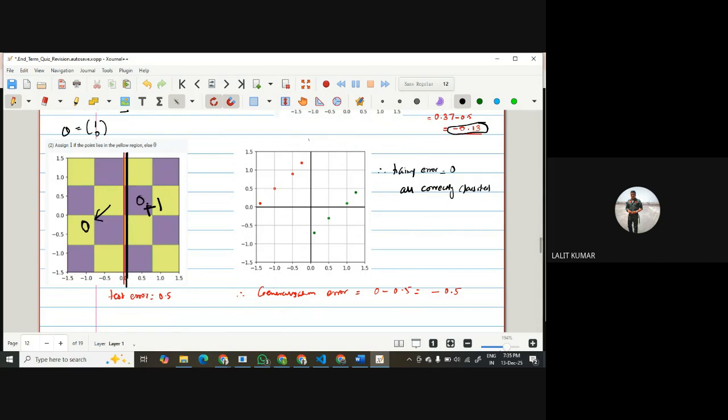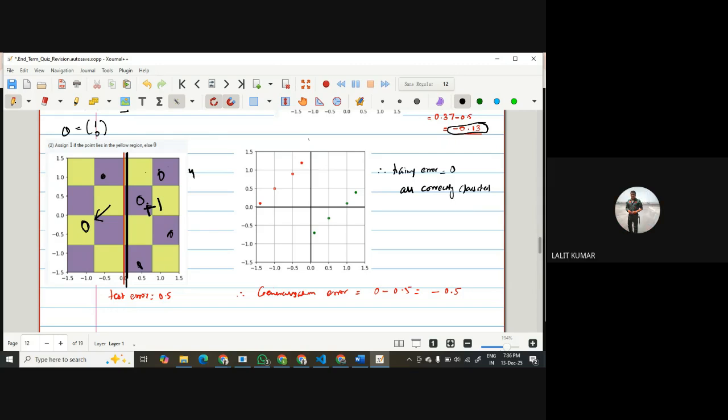So half of the points are incorrect. Here also half of them are incorrect. So out of 8, 4 are incorrect. Here it is 4 by 8, yes, I got it. Okay, did you get it, Ravina? Yes, sir. Okay, I got it, sir.